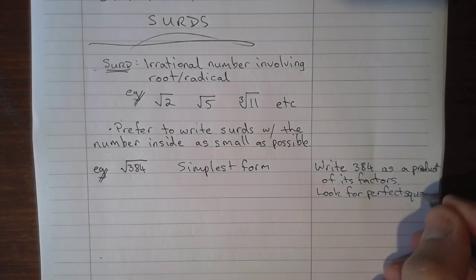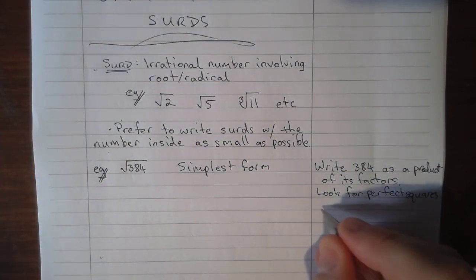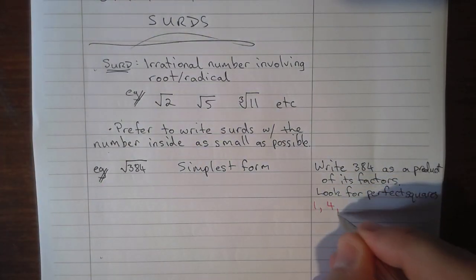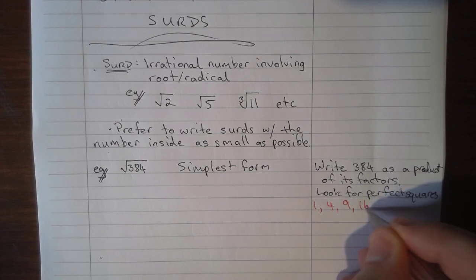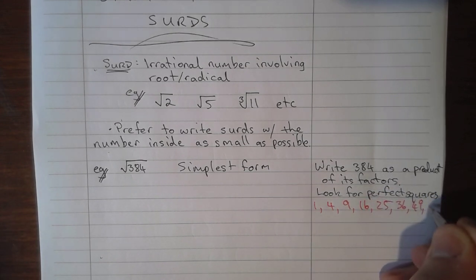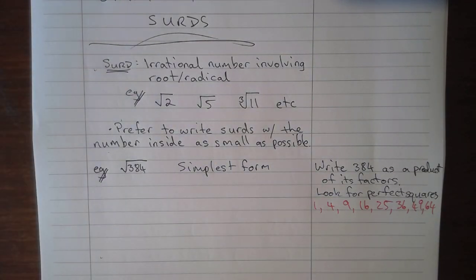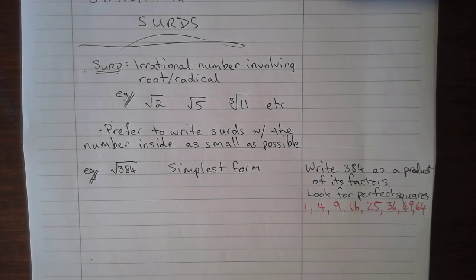So it might be useful to have a list of some of the smaller ones. Things like 1, 4, 9, 16, 25, 36, 49, 64, and of course the list goes on, 81, 100 and so on. So we're going to look in the factors of 384 for numbers which are perfect squares.